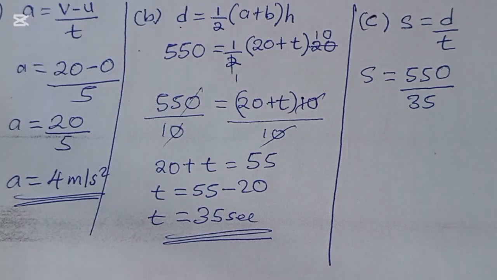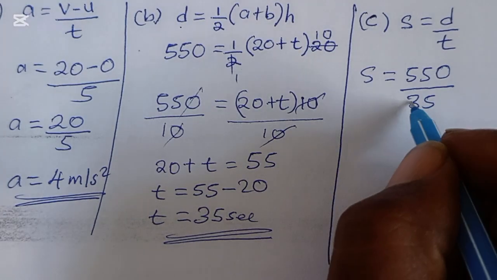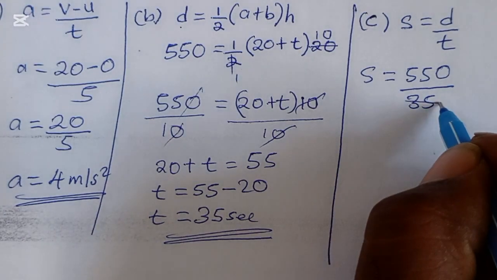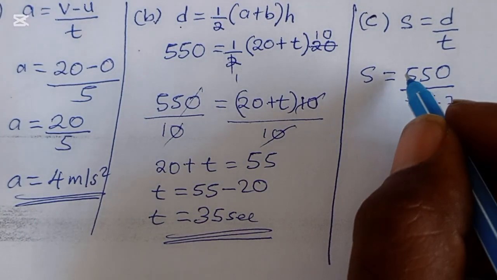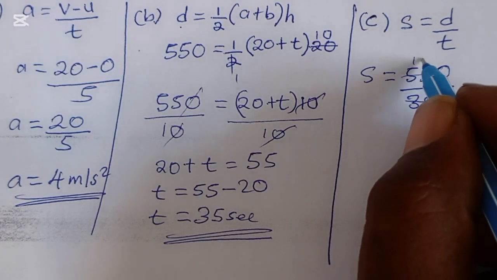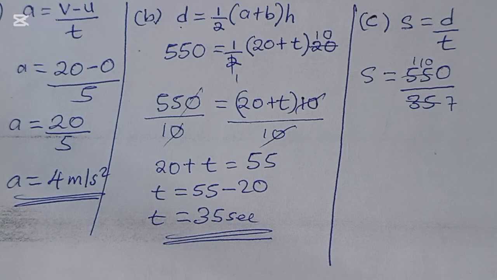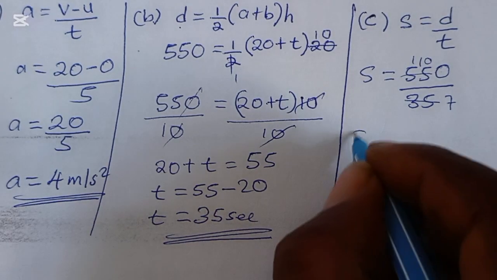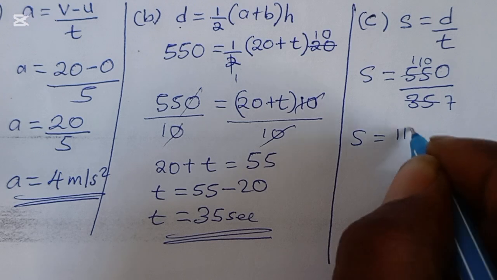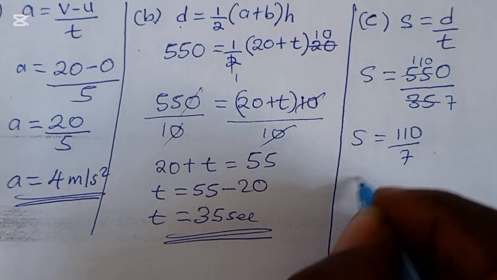So this is paper 1. You're not required to use a calculator, but you can do it better by saying 5 can go there. 5 into 35, it is 7. 5 into 55, it is 11. 5 into 0, it is 0. Now 7 can go into 110. So S is equal to 110 over 7.